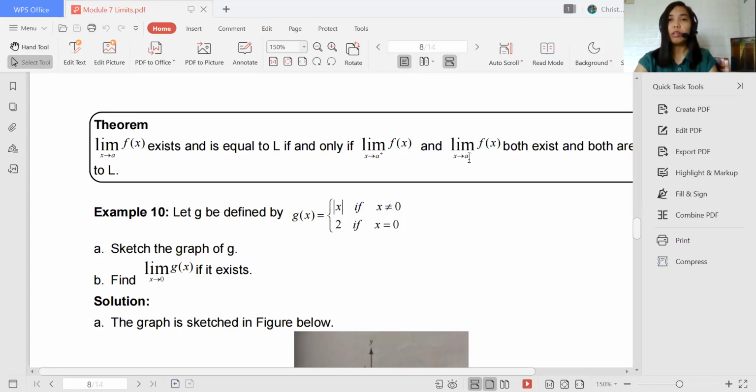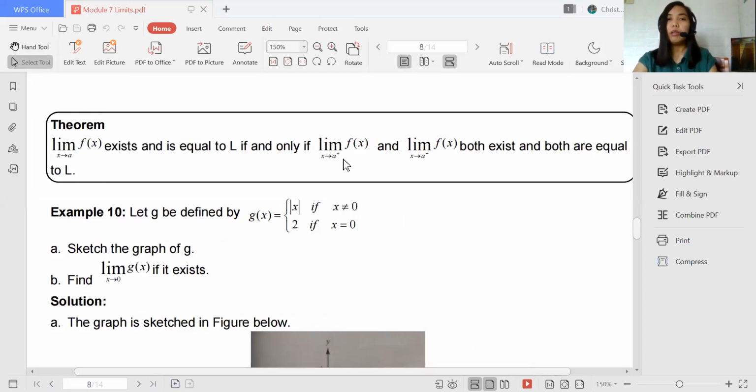Okay, for us to know that it exists. And both are equal to the limit. It means that the limit from the right of a and the limit from the left of a are equal for us to say that the limit of the function as x approaches a exists.